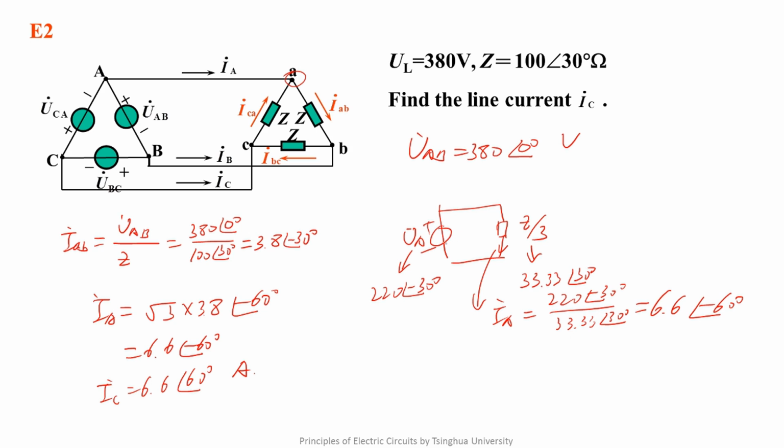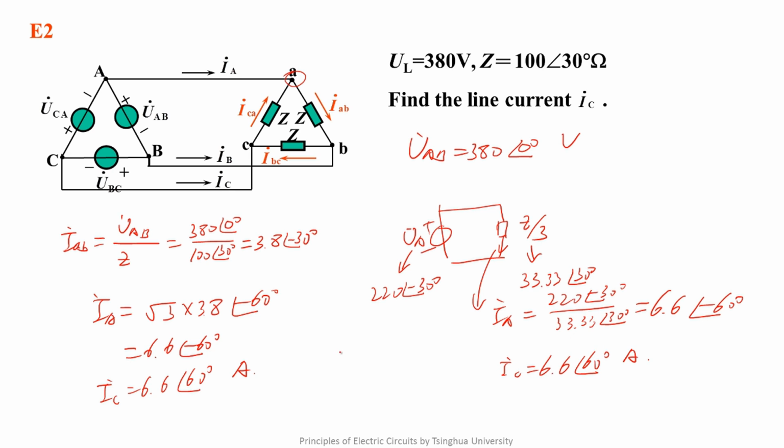The source and the load are both in star connection, so the phase A current of the load equals IA, the line current. According to symmetry, we know this. Thus, we've completed the analysis.